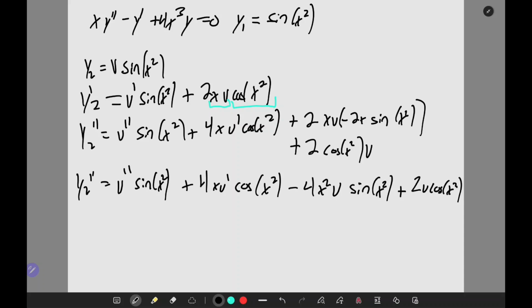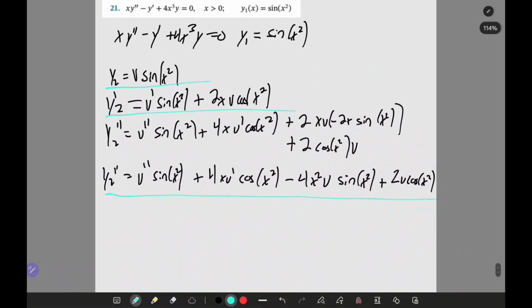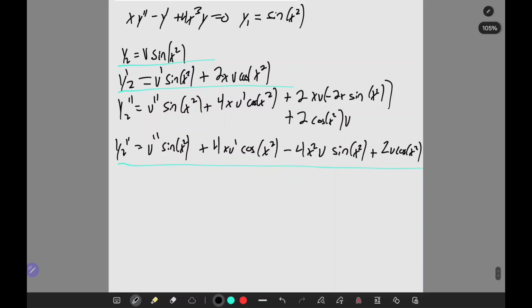Now using this, and this, and this, we're going to plug this back into our original equation. So we're going to have x times y double prime. I'm going to do this out in my head. So v double prime x sine of x squared.